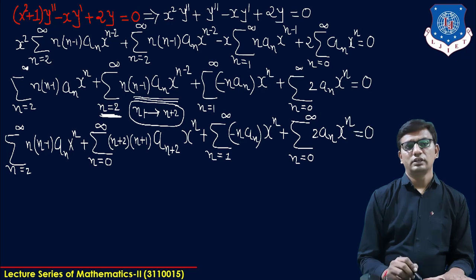Now we have x^n in each summation, and we first write down the coefficients of n = 0.